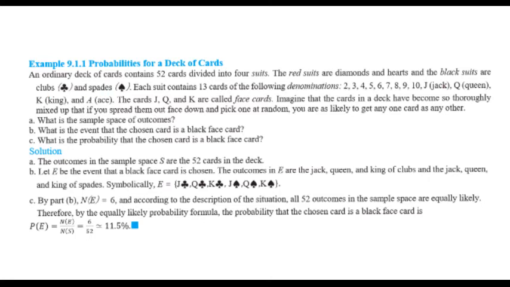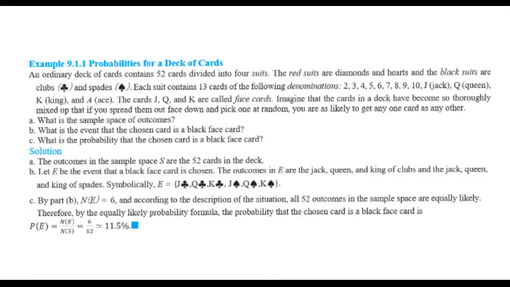And then each suit contains 13 cards of the following denominations: 2, 3, 4, 5, 6, 7, 8, 9, 10, Jack, Queen, King, and Ace. The cards Jack, Queen, and King are called face cards, correct?